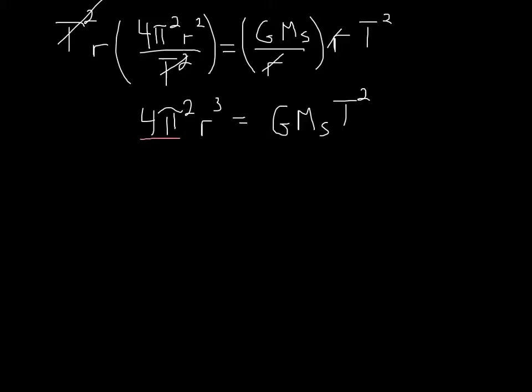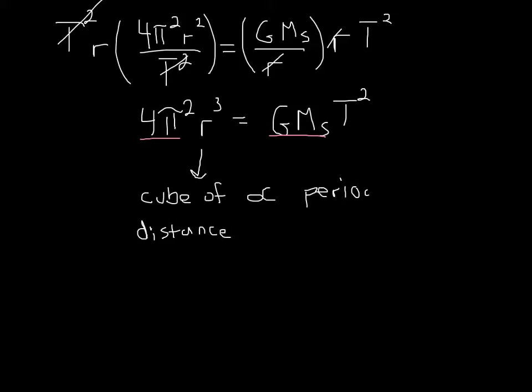4 pi squared and G M_Sun are both constants. So the real thing to point out here is that the cube of the distance, the cube of the separation between your orbiting bodies, is proportional to the period that they take to orbit squared.